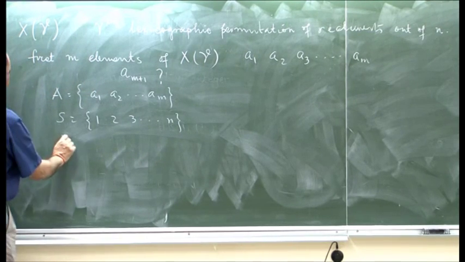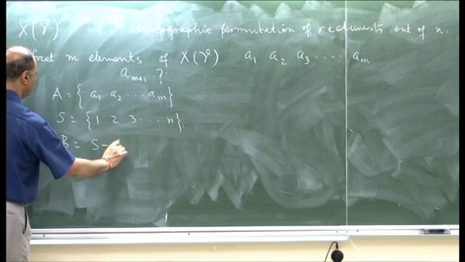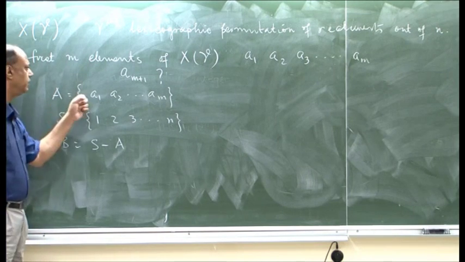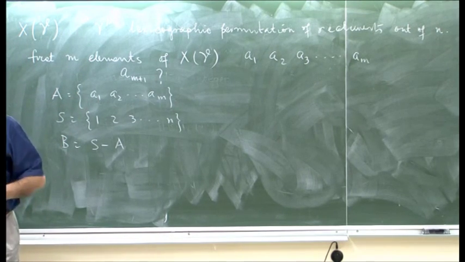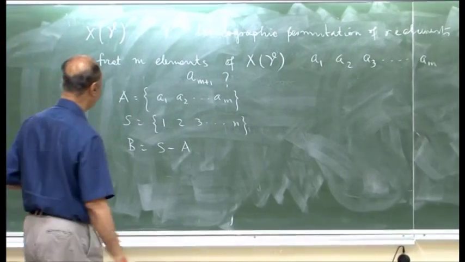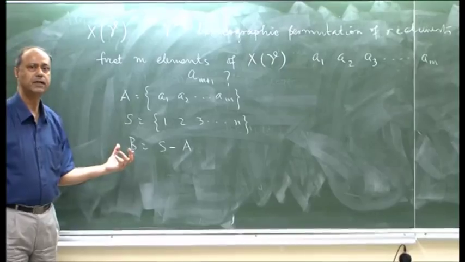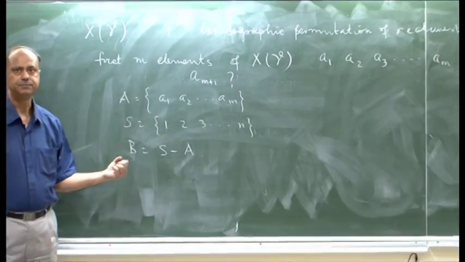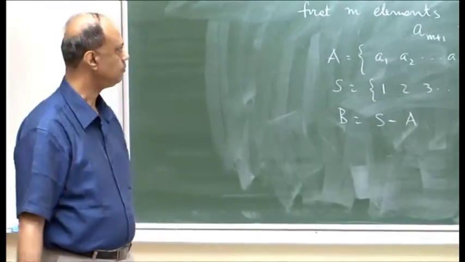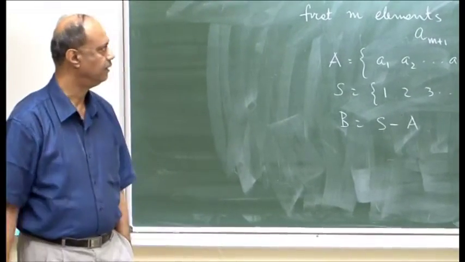And define B as S minus A. That means the set of all the elements which are in S but not in A. Right? Now my m plus 1th element, am plus 1, must be one of the elements from B. So that is the thing I have to find out. What is that element from B?